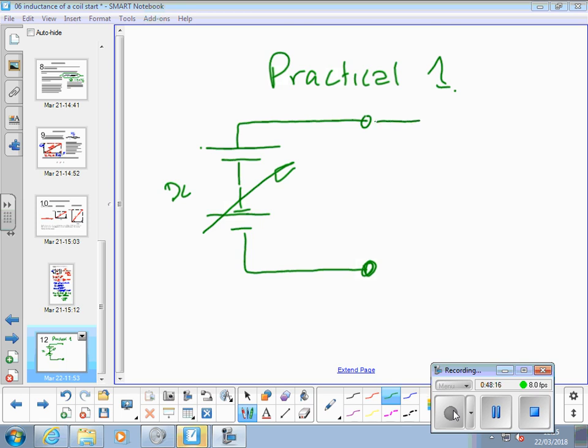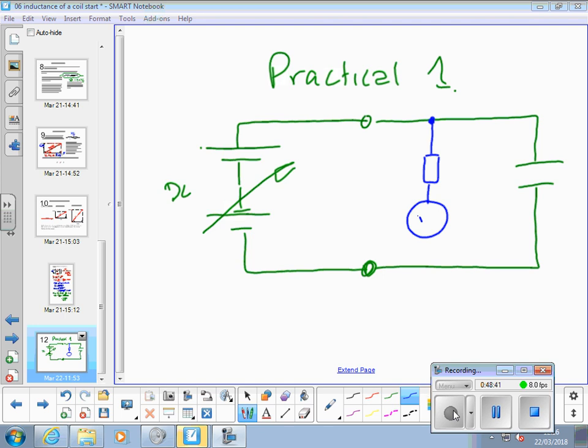You're going to use your unknown capacitor, and then you're going to be given a meter that has 1 mega ohm.